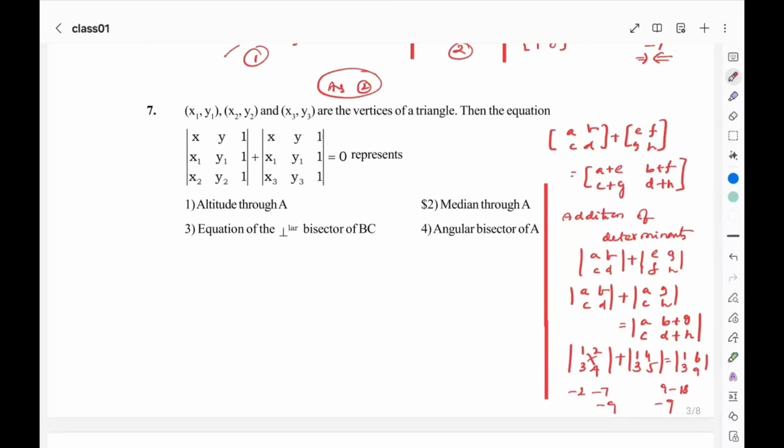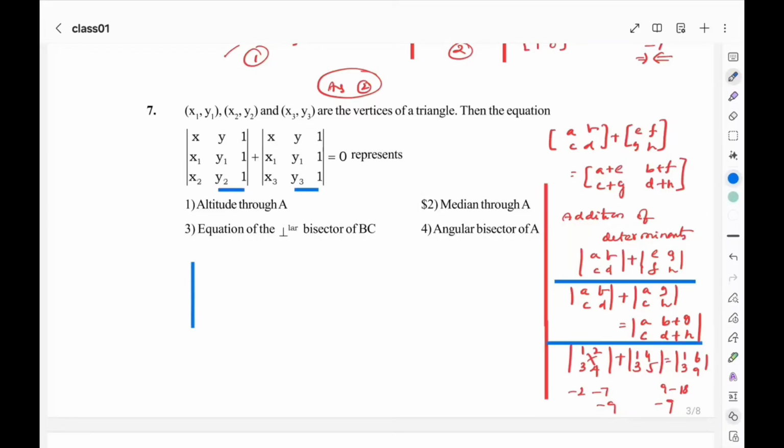So this is a very good property, and based on this many sums can be solved. This given equation I can write keeping the identical rows common. Are the second and third columns common?